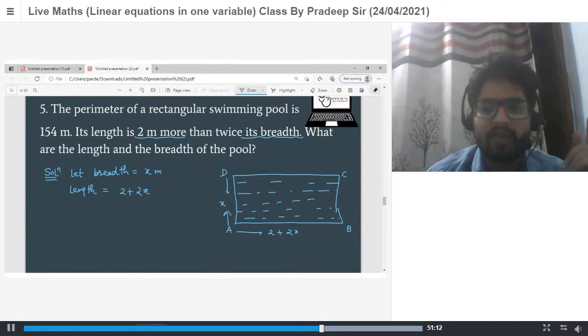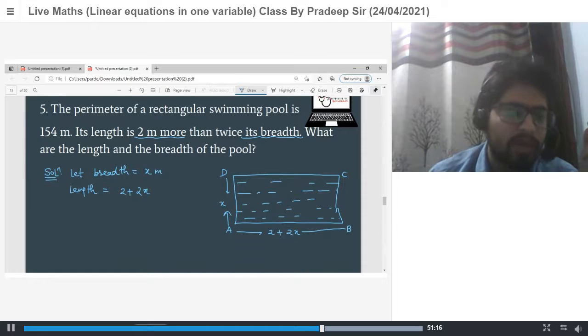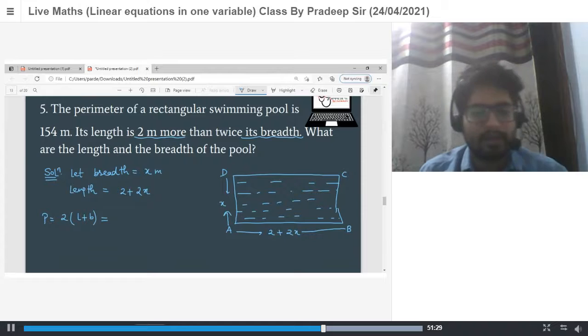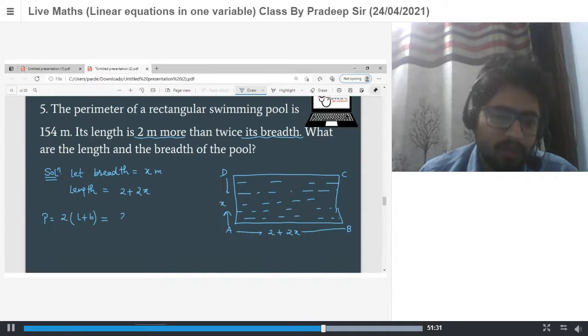Now what is the perimeter? Perimeter of a rectangle is 2 into (length plus breadth). So this will become 2 into (2 plus 2x, the length, plus x, the breadth) meter.